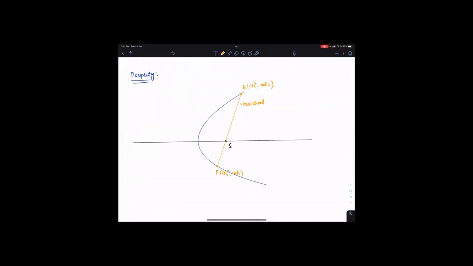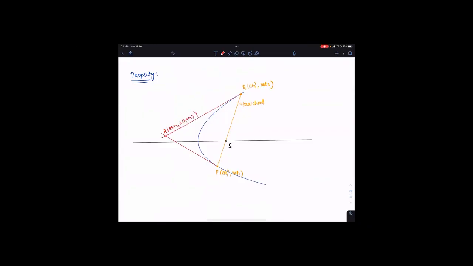Now, at P and Q, if you draw the tangents, let's say they are meeting at R. Then the first thing you need to remember is the coordinates of R will be (a t1 t2, a(t1 plus t2)).